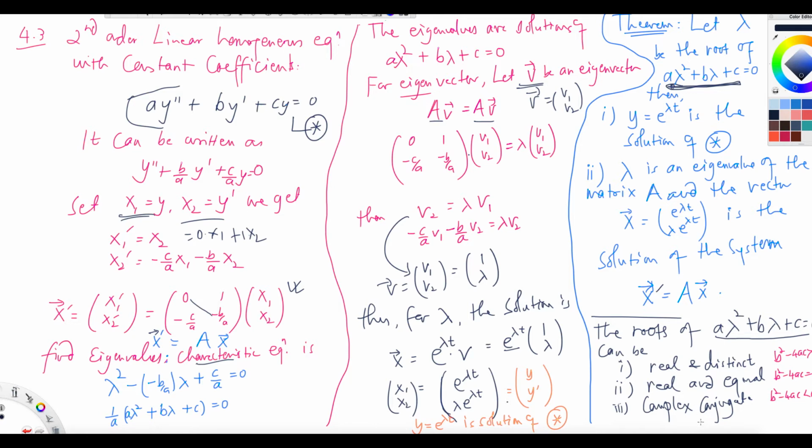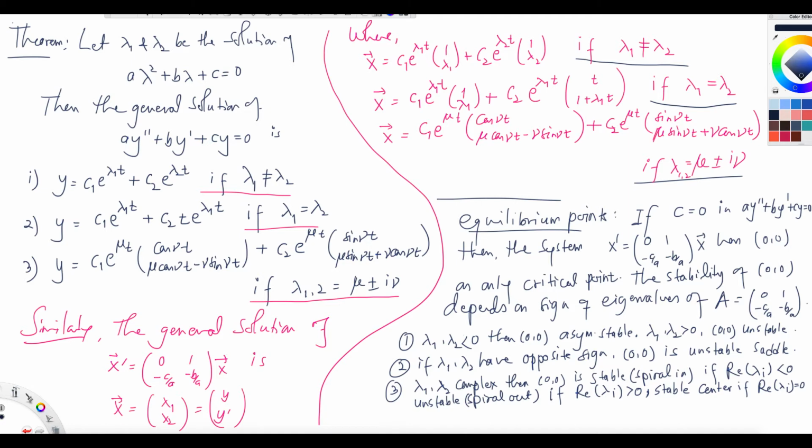Okay, guys. So what I'm going to do next is mention this in a theorem. Let lambda 1 and lambda 2 be the solutions, because this is a quadratic in lambda, so it will have two solutions, lambda 1 and lambda 2. Then the general solution of this equation, a y double prime plus b y prime plus c y equals 0, which is a second order linear homogeneous equation with constant coefficients a, b, c, will be y equals c1 e to the lambda 1 t plus c2 e to the lambda 2 t if lambda 1 and lambda 2 are not equal.